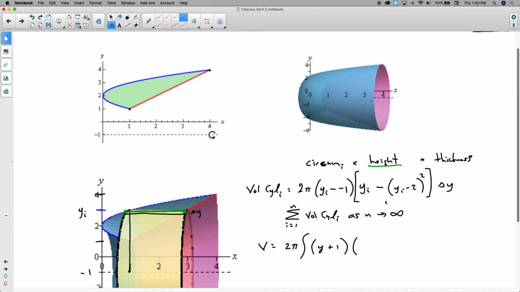So let's turn this into y squared minus 4y plus 4. Okay, so let's just, I'm not putting the sub i's on there. Okay, so let's see, we get negative y squared and negative 4y plus 1 more, that's negative 5y, and minus 4, and then dy, an infinitesimally small change in y.